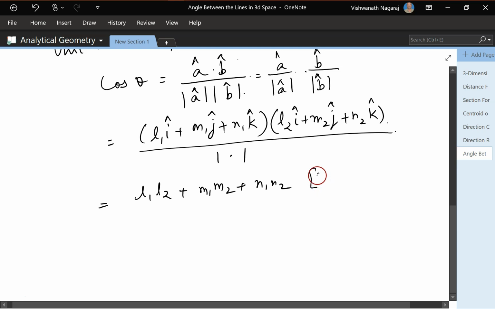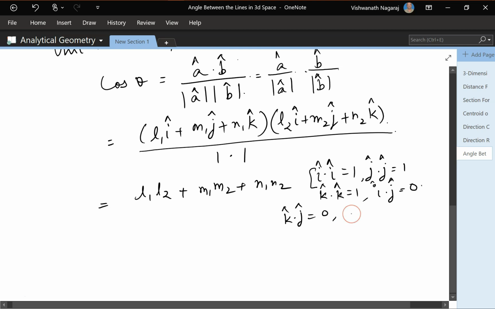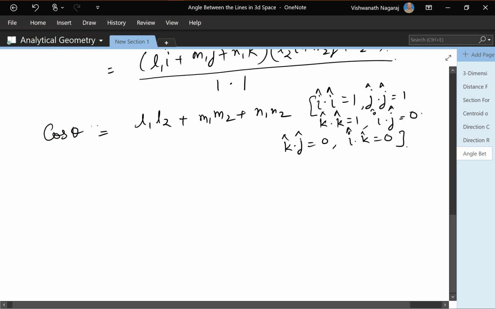Here remember i times i is equal to 1, j times j equal to 1, k times k equal to 1, i times j equal to 0, k times j is equal to 0, and finally i times k equal to 0. Cos theta would be equal to l1 l2 plus m1 m2 plus n1 n2.